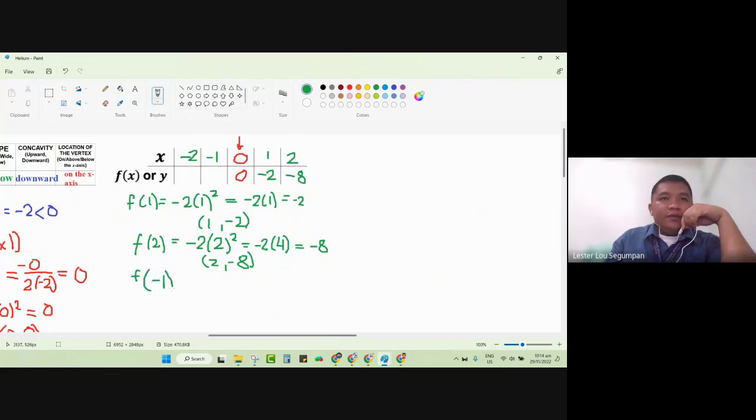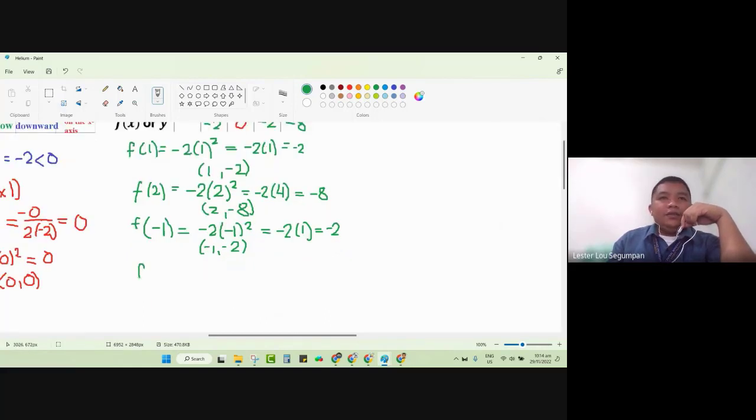Again, let's continue. F of negative 1 is equal to negative 2 times the square of negative 1. We need to simplify first the exponentiation. So you have negative 2 times the square of negative 1, which is positive 1. It will give us negative 2. So the first two pairs after the vertex will have the same f of x or y value. This is negative 1 and negative 2.